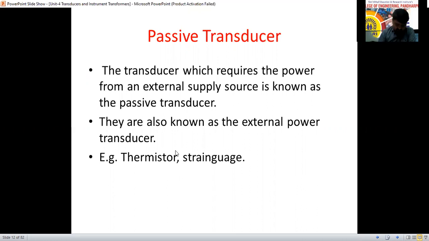I will give one example: during the COVID situation, they passed some light and observed your temperature. That device has a battery inside, yes or no, an external supply is there? Yes, sir. That is an example of a transducer sensing it.